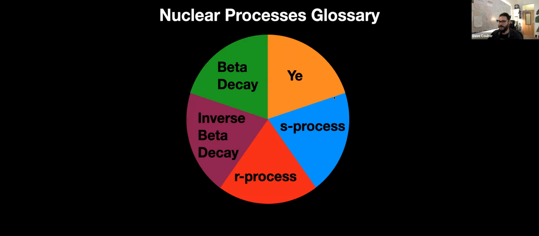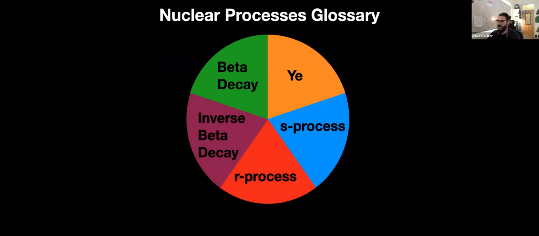Okay, so first, to contextualize the R process, I'd like to go through some basics, and I'll start with beta decay, which is quite simply how neutrons stop being neutrons by decaying into charged particles. Beta decay features heavily in the S process. S here stands for slow, and by slow we mean that the time scale to obtain another neutron for the nucleus is slower than the time scale of beta decay.